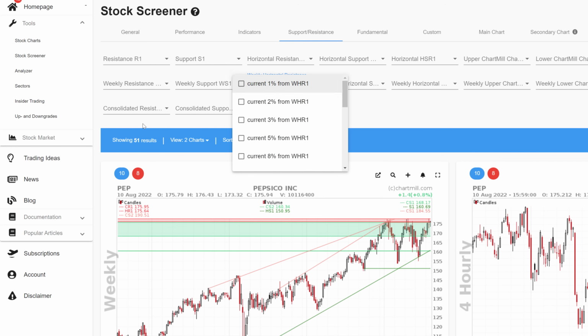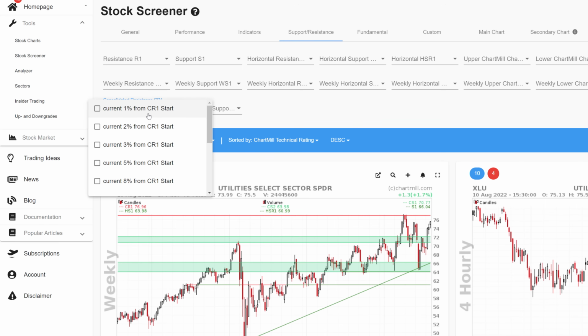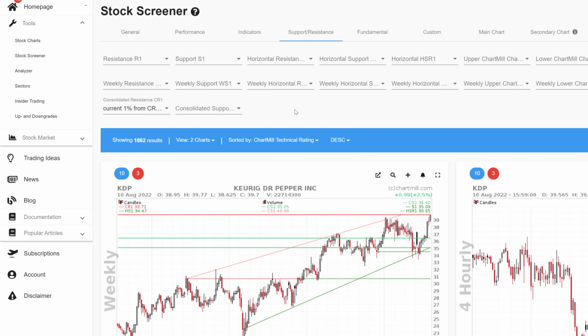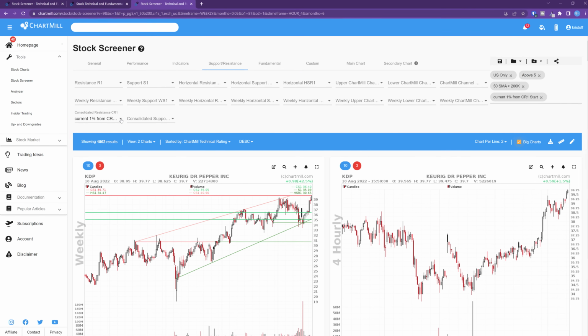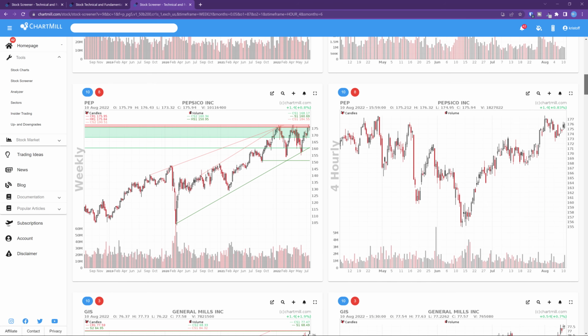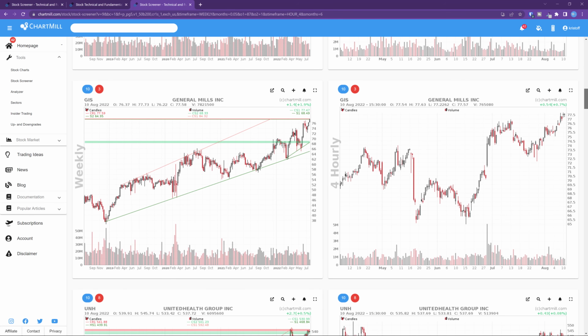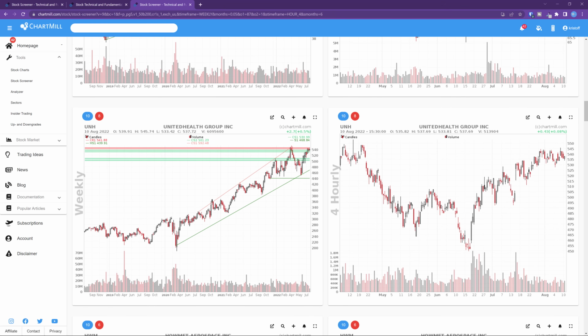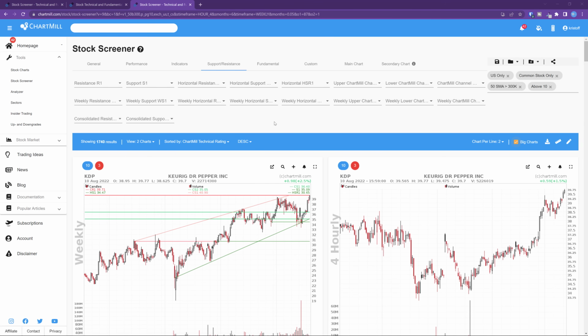If, however, I do the same for consolidated resistance, current 1% from the consolidated resistance, then I'll get more than 1800 results. So keep in mind that when using the regular weekly horizontal tabs, ChartMill concentrates on one specific price level and not on a price zone, which of course makes the selection stricter. So let's run a quick scan.